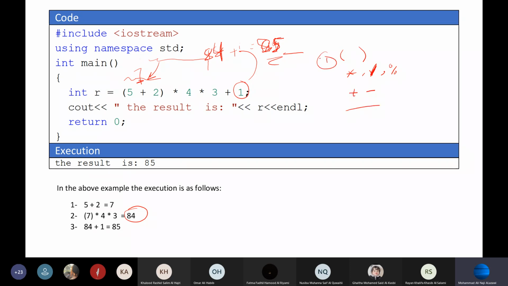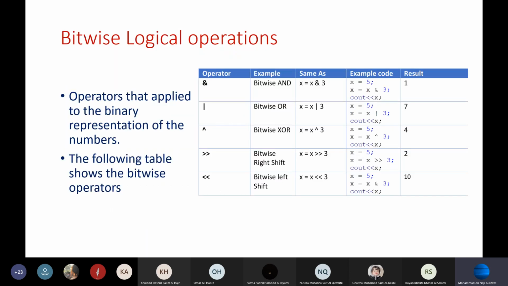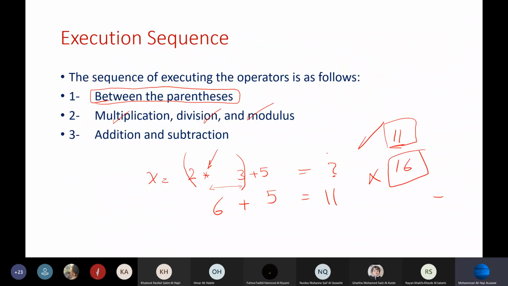Getting back to our previous example, this will be 16 if 2 times 3 plus 5 is written with parentheses, that is 2 times the sum, 8.